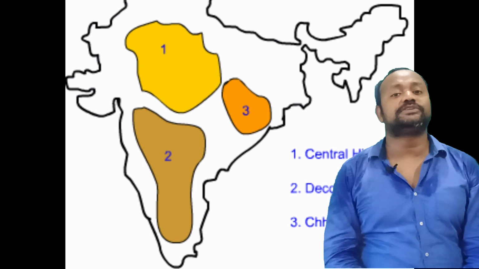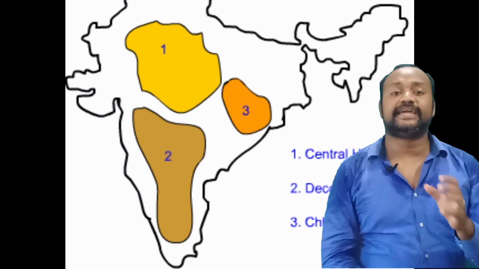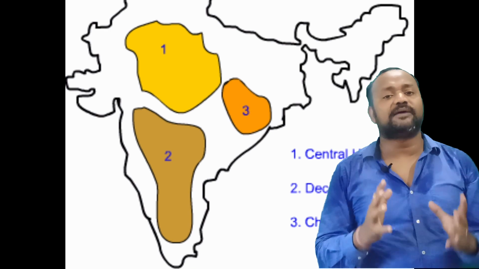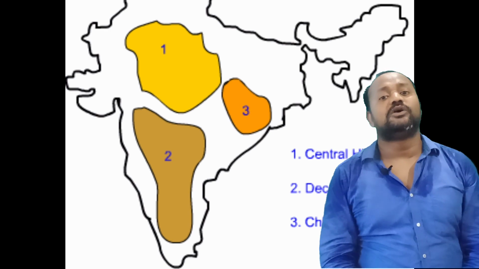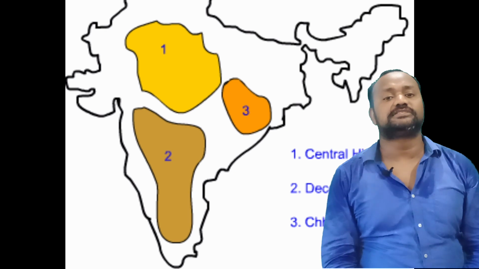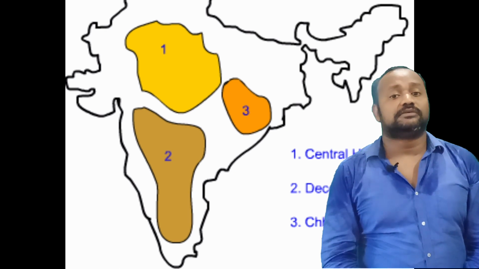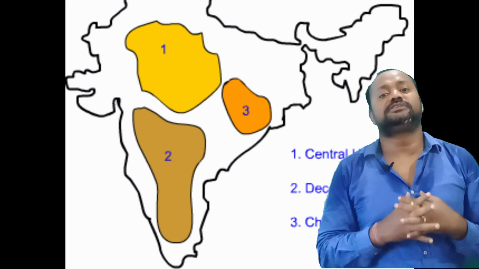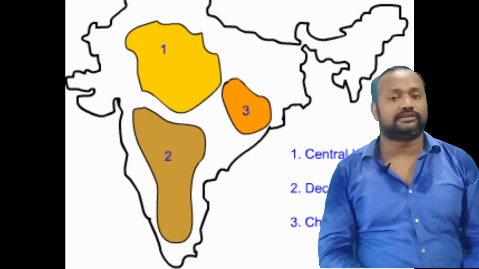Next we are going to discuss the Deccan Trap. So what is the Deccan Trap? The Deccan Trap is mostly located in the western or northwestern part of the Peninsular Plateau. This region is mostly rich in black soil.